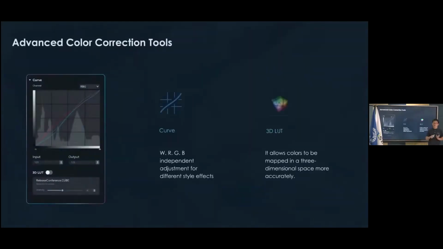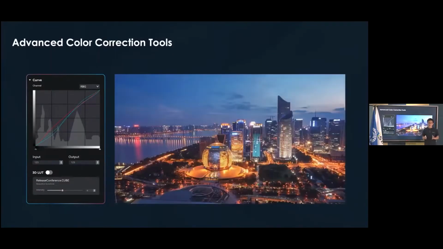And for other, more professional users, we also provide more professional tools, such as curves and 3D LUTs. The curves allow users to make independent adjustments for different style color effects. Here is a short demo picture. You see this is the primary effect for the picture with color curves.